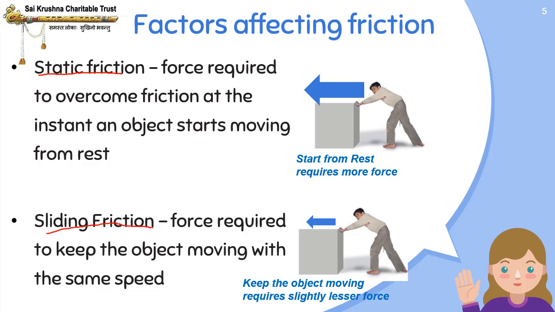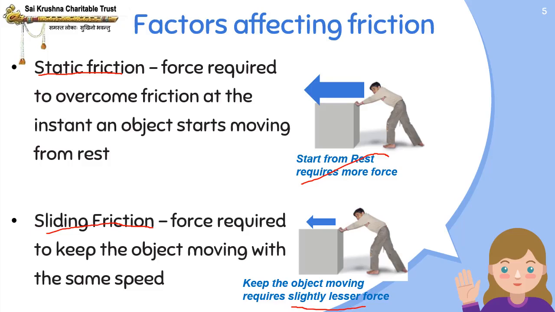Now as we see here, if we try to move this heavy box from rest, then that requires more force. And if the box is already moving, then to keep the box moving with the same speed, that requires slightly lesser force.